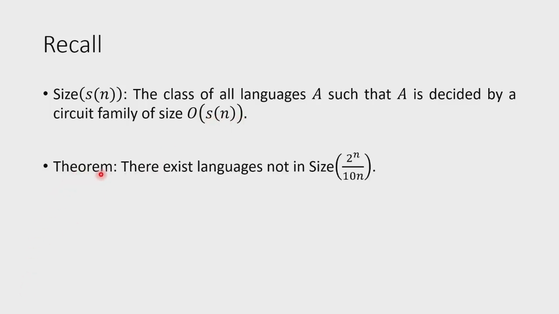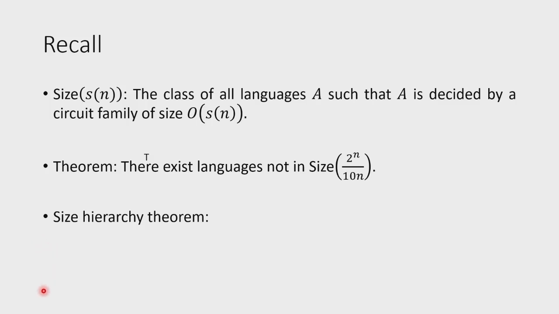Then you saw this theorem which proves a lower bound on the size of any Boolean circuit computing a certain Boolean function, in particular a random Boolean function. What the theorem says is that there exist languages not in SIZE(2^n/10n), and in particular a random language would satisfy this property.